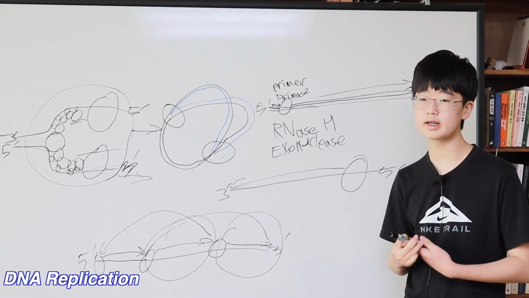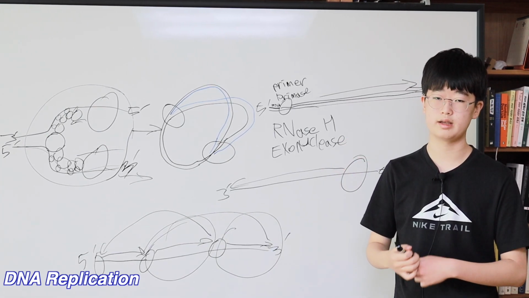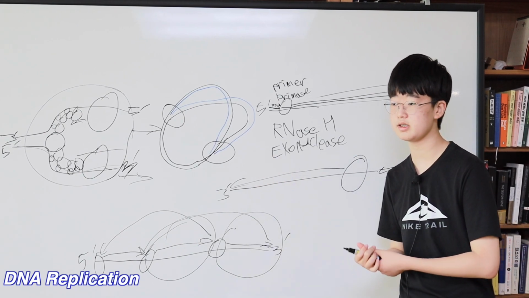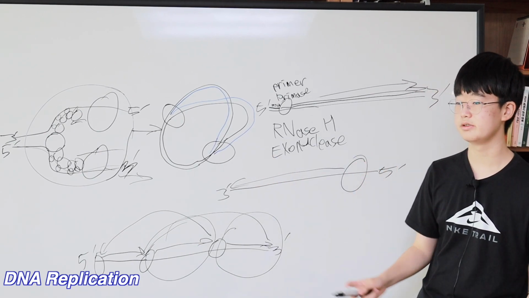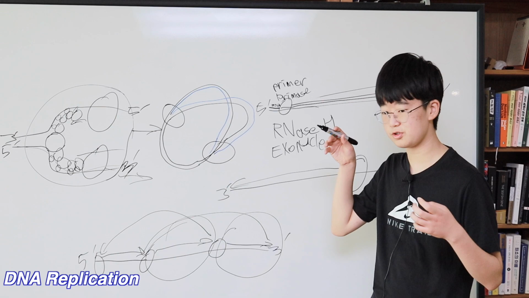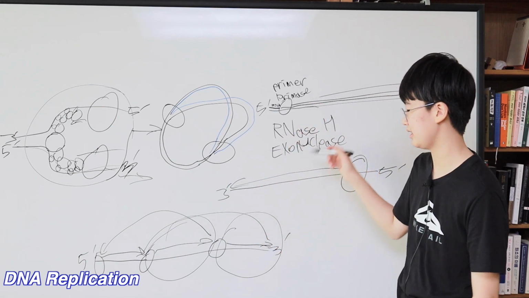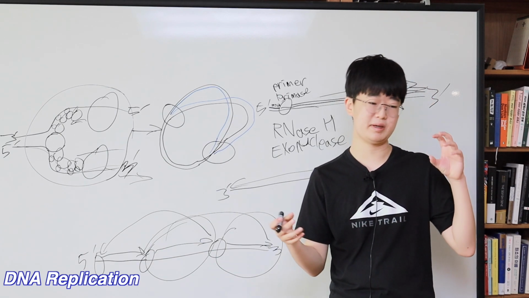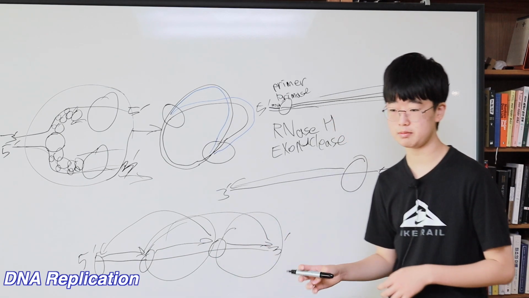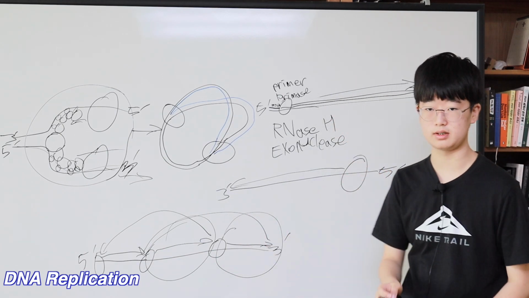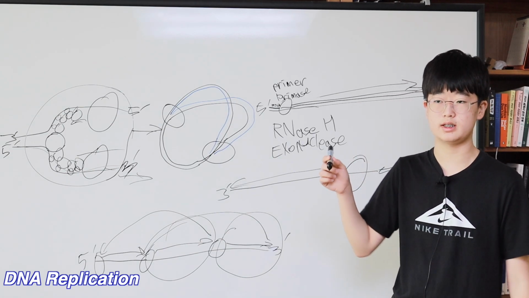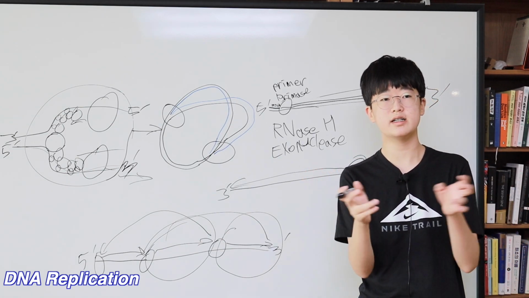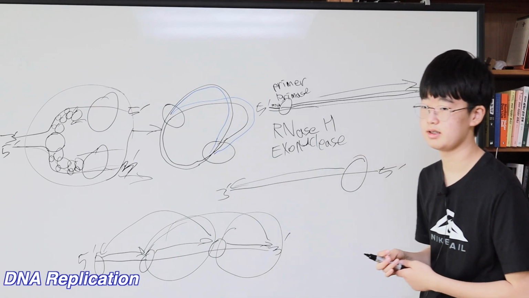And then there is also a protein, exonuclease. There are a lot of exonucleases. The exonucleases chop up the DNAs and stuff. It might be RNA or it might be DNA, but the exonuclease is a protein that cuts off things.